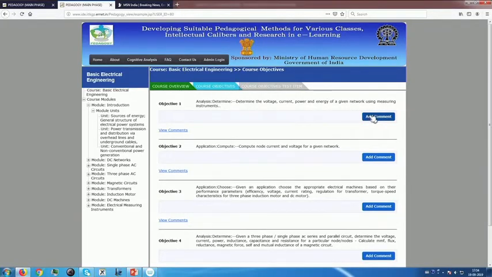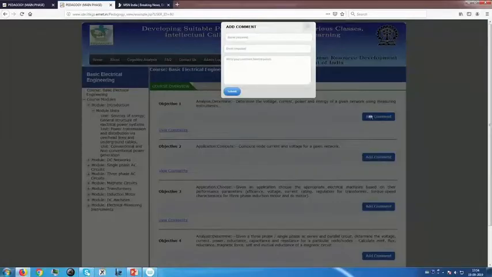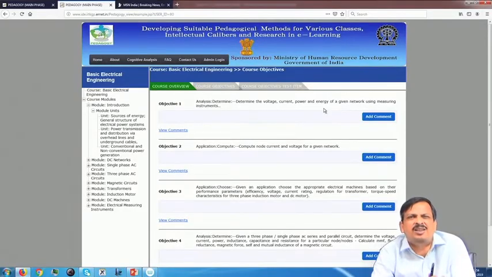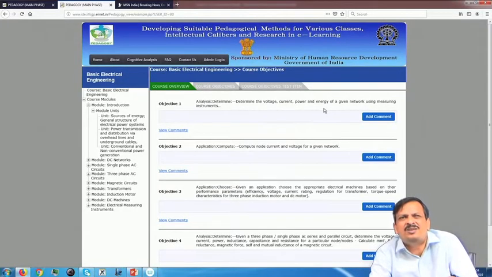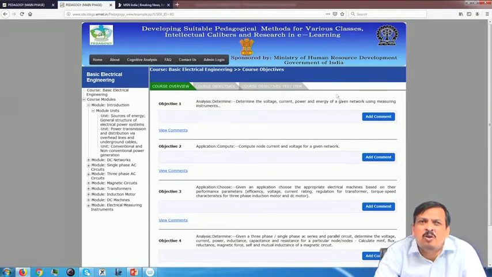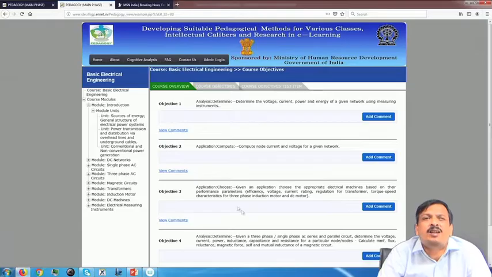Any industry can comment on this outcome or skill, saying this skill is outdated, we presently want this kind of skill. That will come to the teachers and teachers can see, oh, this skill I have to incorporate, and incorporate it, or the teacher can say, no, this skill is not necessary for this kind of students, maybe if it is specialized then it is required. So you can comment on that. This is called continuous improvement of the curricula, continuous upgradation with active collaboration of industry.